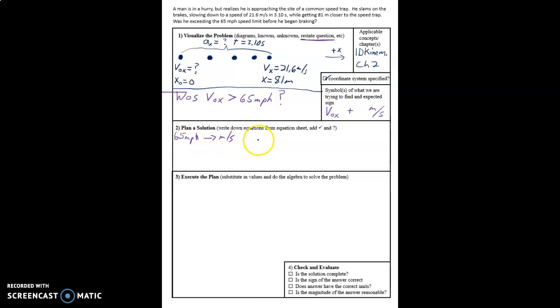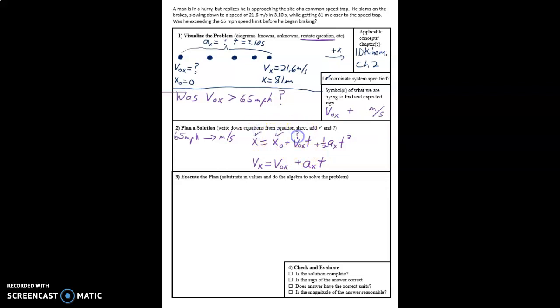We can also look at our equations. Looking at these two equations, we know x and x naught.